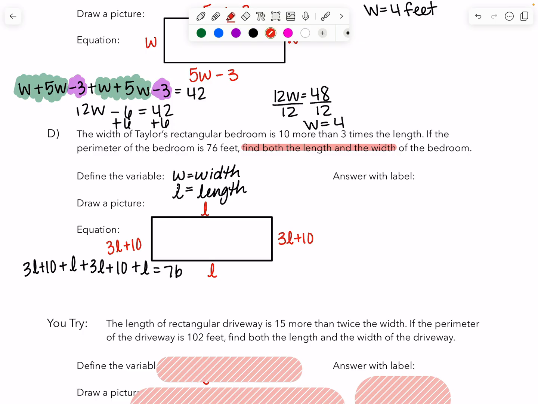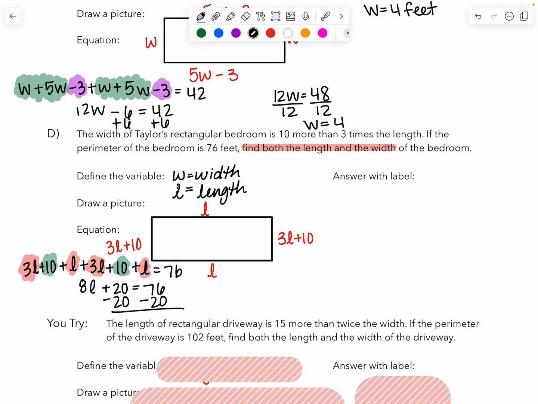We're going to go ahead and combine our like terms. 3L, 3L, L. All right, so that gives me 8L. And then we have our 10 and 10, so plus 20 equals 76. Minus 20 from both sides.